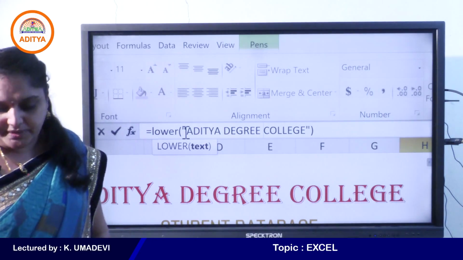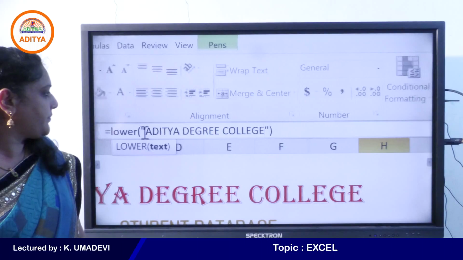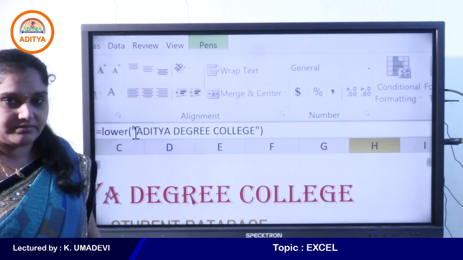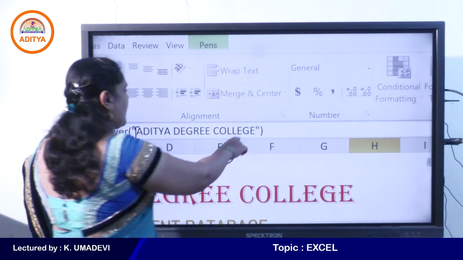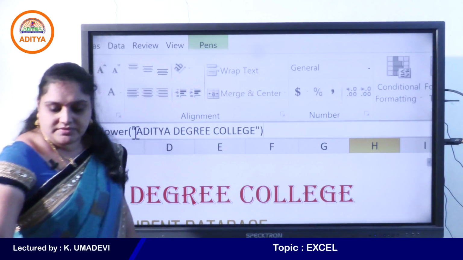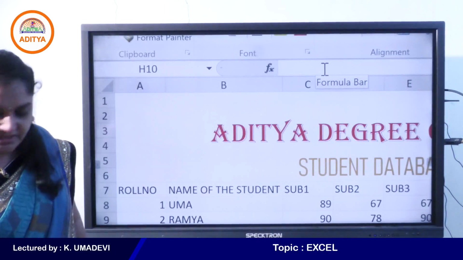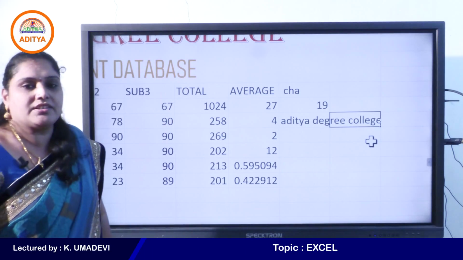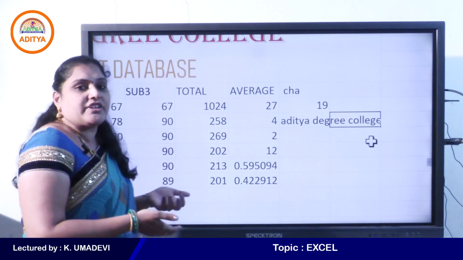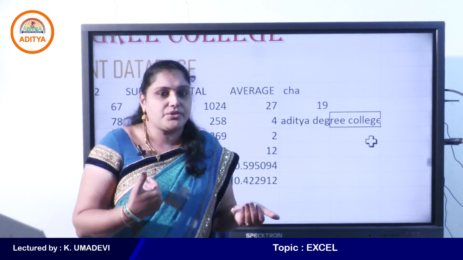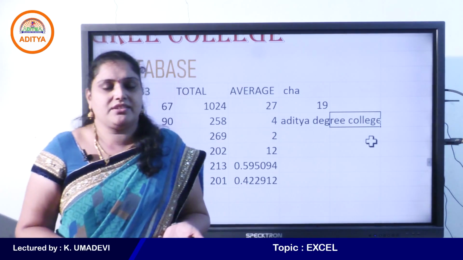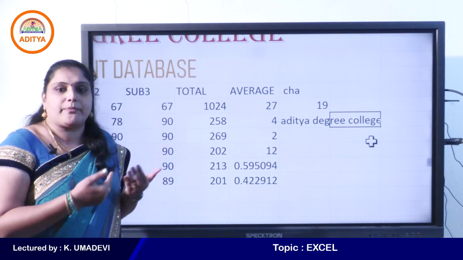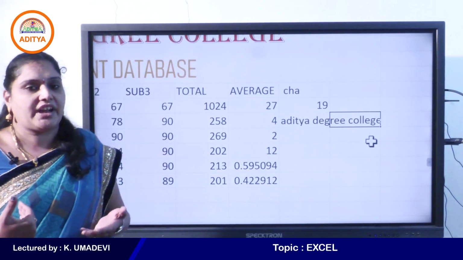Okay, just press enter key. Now the string is Aditya Degree College, right? And the string is in uppercase letters. Just press enter. So what is the result, students? Yes. Here lower function converts all the uppercase letters to lowercase. So like this we use upper and lower to convert from one case to another case, right students?